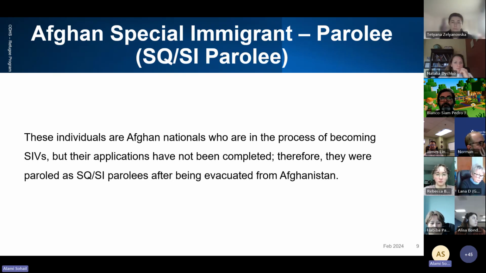Similar to the SICPRs, they could have a foreign passport that has the code CQ1 through CQ3, or they would have an I-94, which has the code SI or SQ on it. It's SQ4 or SQ5, or they would have an employment authorization document, which has the code C11.